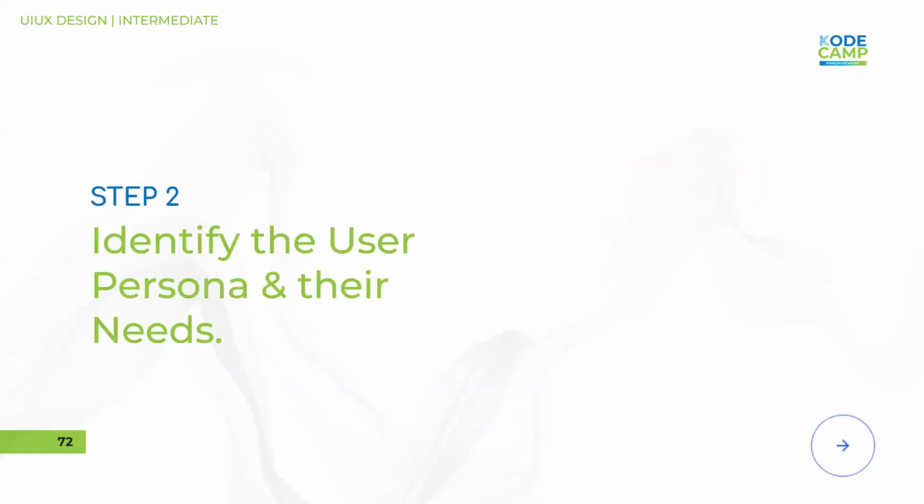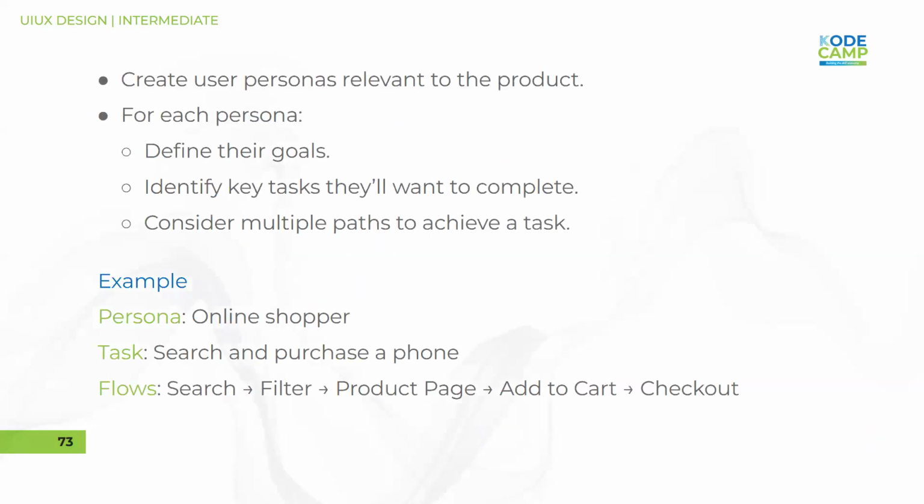All right. So step two is identify user personas and their needs. How do we do that? Create user personas relevant to the product. For each persona, define their goals, identify the key tasks they want to complete, and also consider multiple paths to achieving that task. An example of this could be that the persona is an online shopper, and the task he or she wants to do is search and purchase a phone.